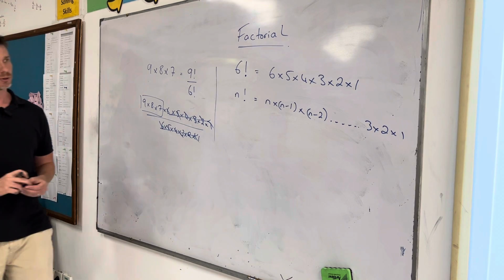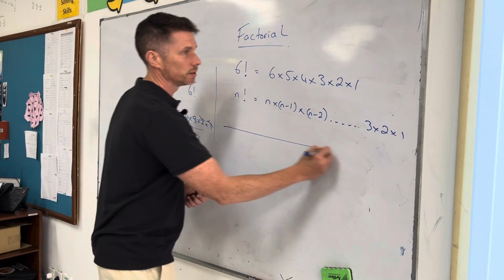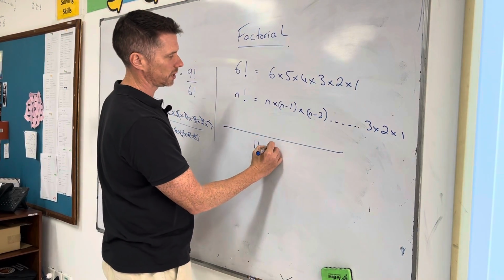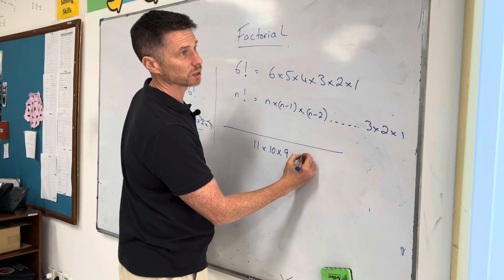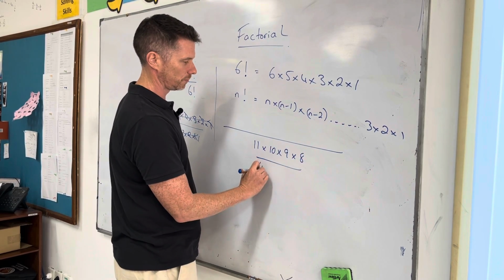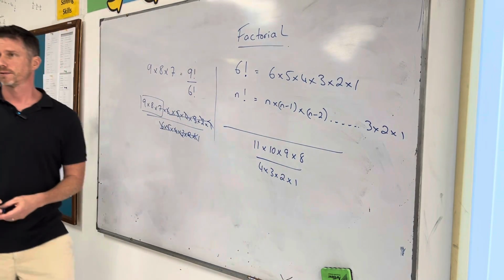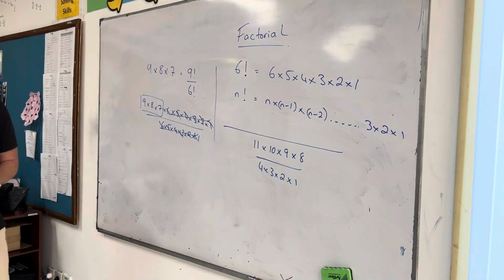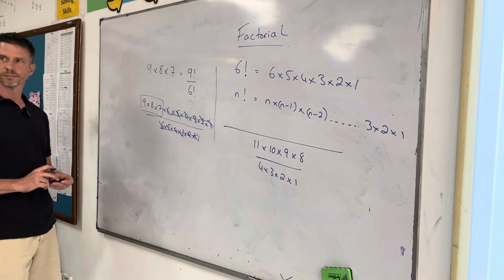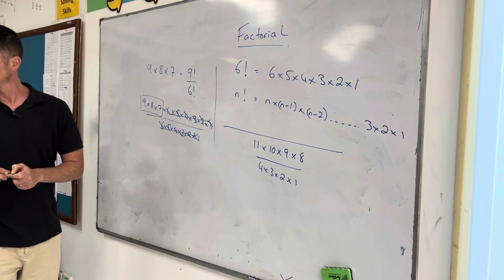So the challenge now for you is to do this second example, 11 times 10 times 9 times 8, divided by 4 times 3 times 2 times 1. Can you write this in factorial? So that's your challenge now. Can you do it?